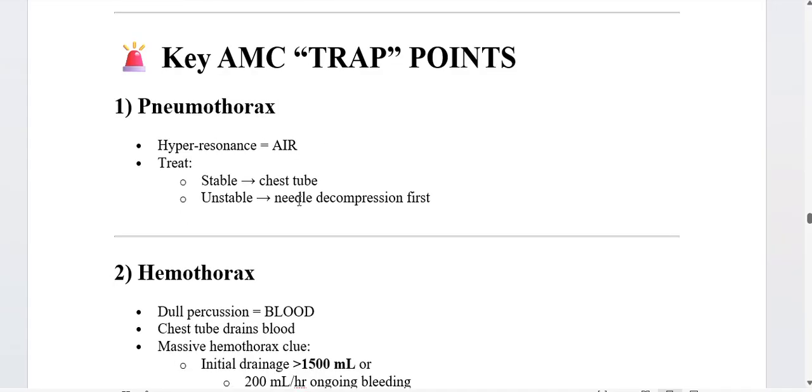Hyperresonant ear: treat by stability. A stable patient, we will not do the chest tube, right? Observation. Unstable, needle decompression first.